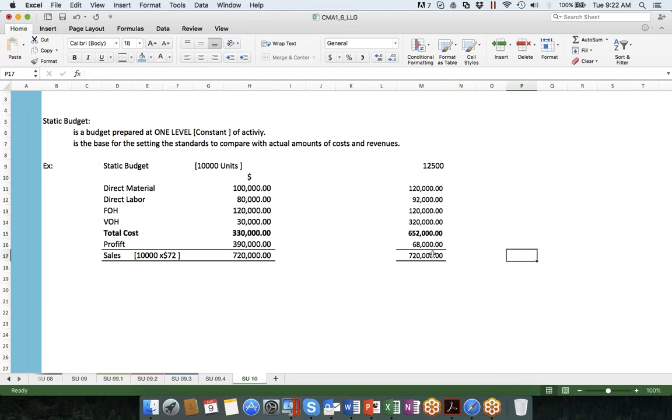Now we see what this amount should have been: 12,500 units times 72, but we sold at 70. So there is a kind of misunderstanding: when a budget is prepared for 10,000 units the estimated profit is 390,000, and when the sales are 12,500 units, they are sold at the rate of 70.